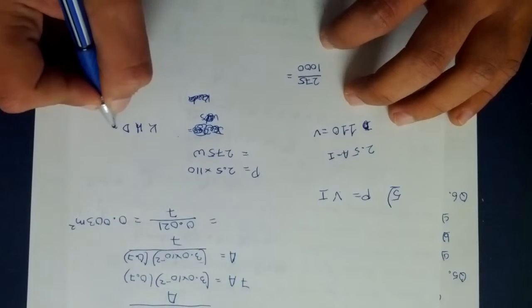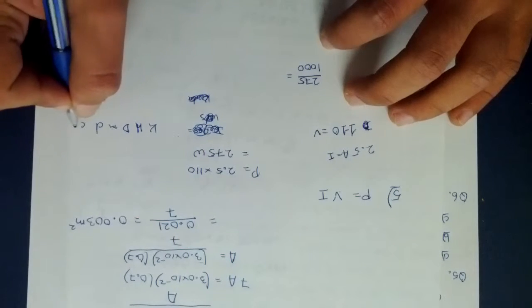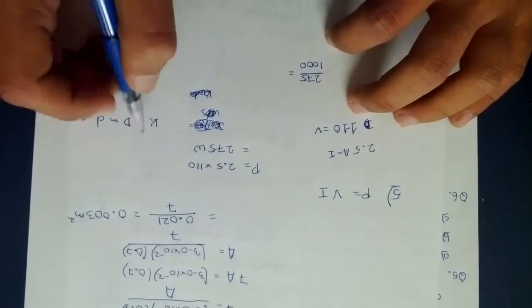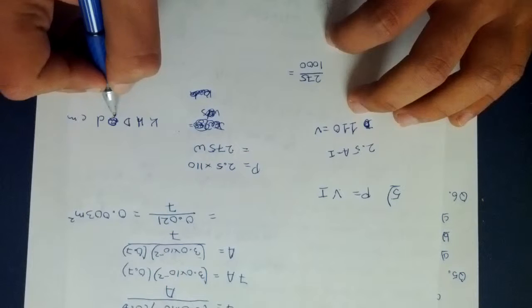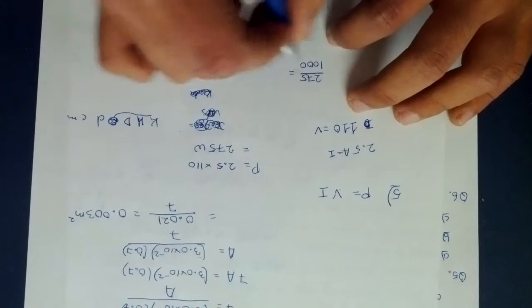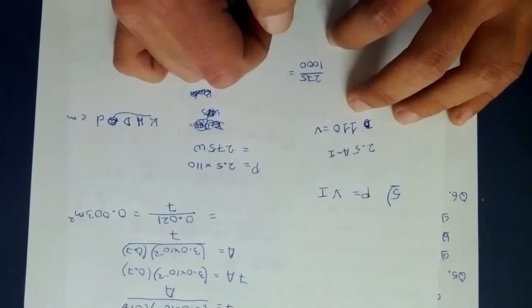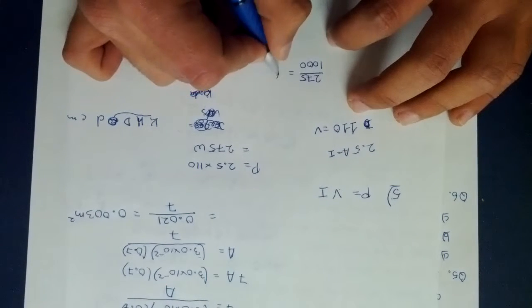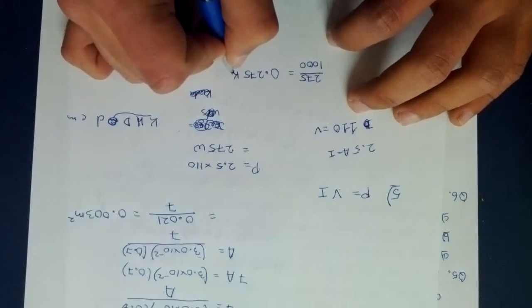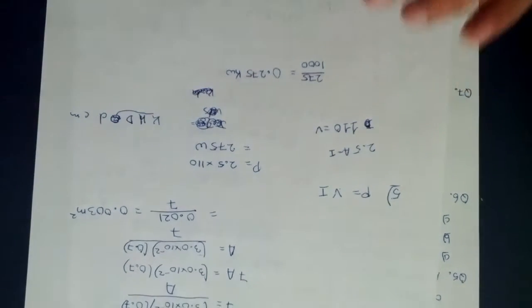And yes, this is for length, but the same thing applies. We're going from the base to kilowatts, which is 1, 2, 3, and that's the equivalent of dividing by 1000. So we get 0.275 kilowatts, right?